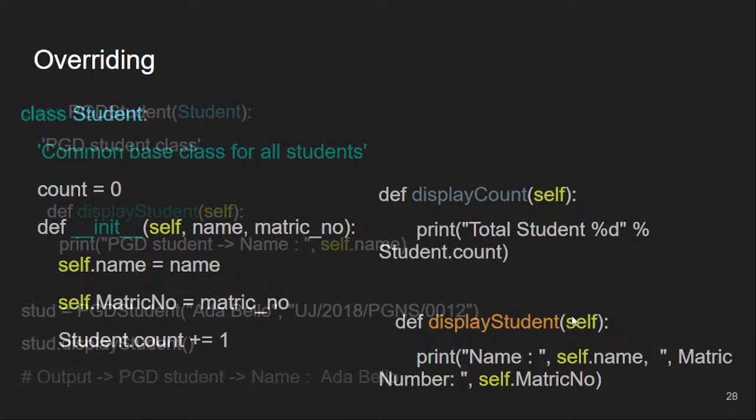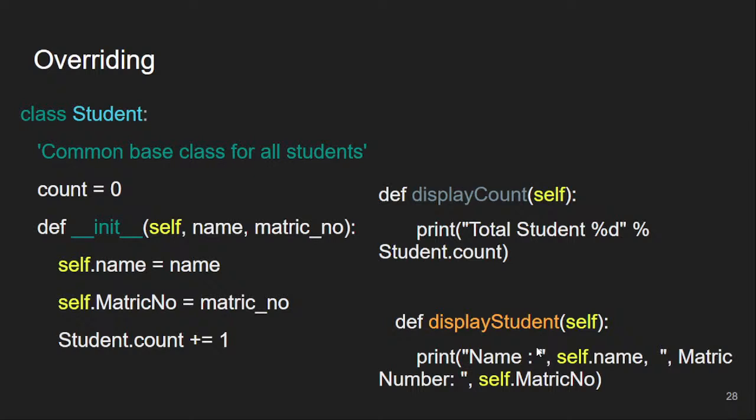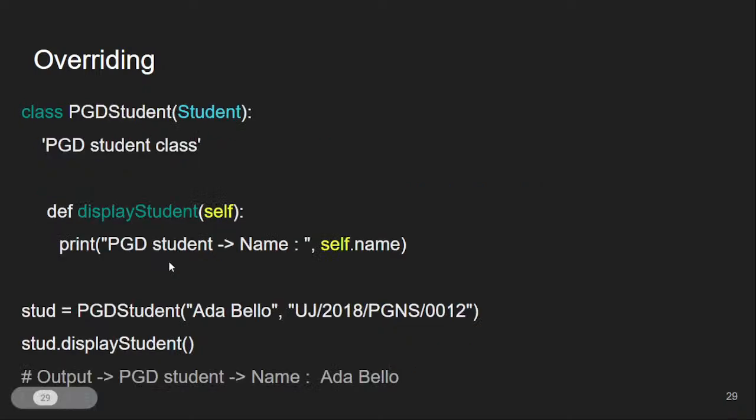So everything is the same except the way they work. So in the body here, you see that we're printing just the PG student's name, right? Here we see that we printed name and then the name of the student, then matric number, then the matric number of the student. Here you see that we have the name of the student and we're just printing PG student and then name of the student.